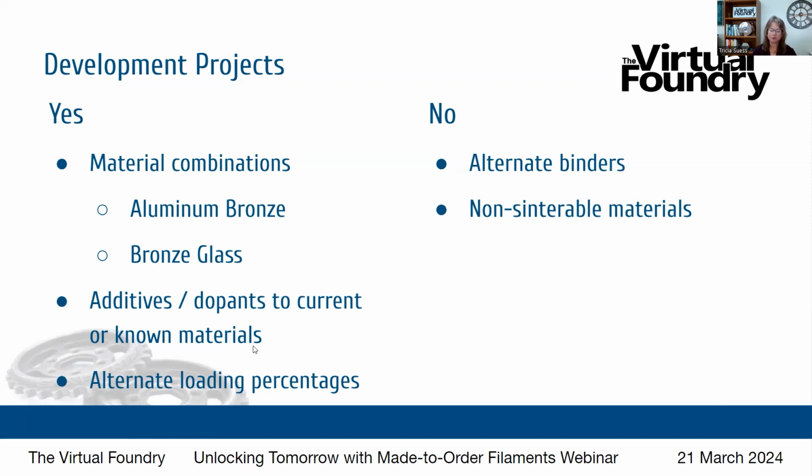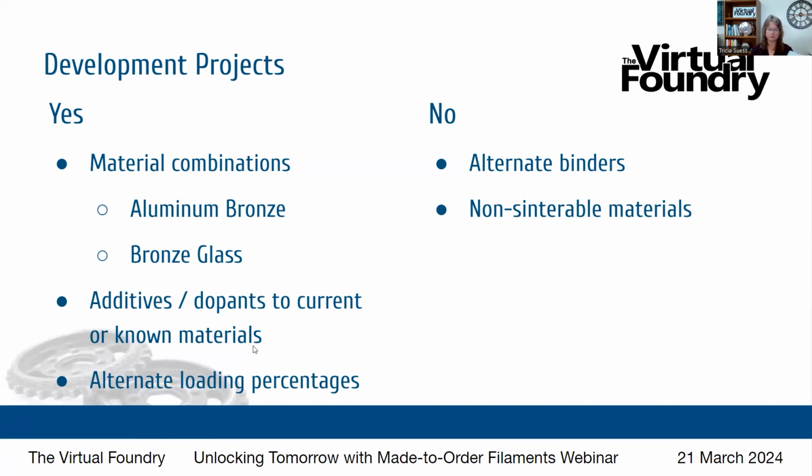Sometimes we get requests for a lower loading, and that's another example of a development project. All development projects would still involve loading a base material into our standard binder. Brad, talk to us a little bit about these requests for alternate volume loading or alternate mass loading than what we typically work with.